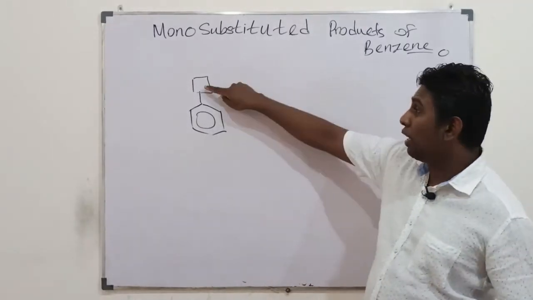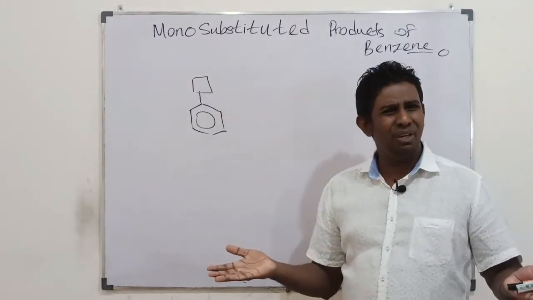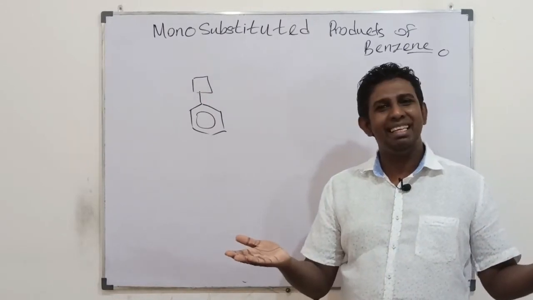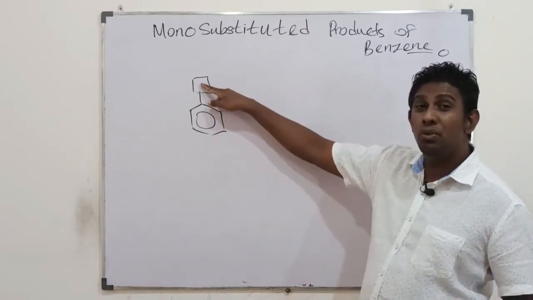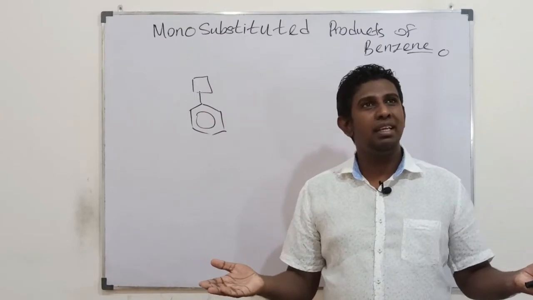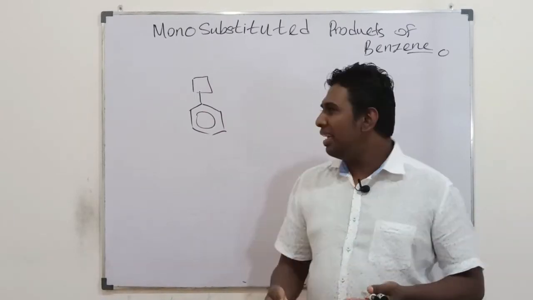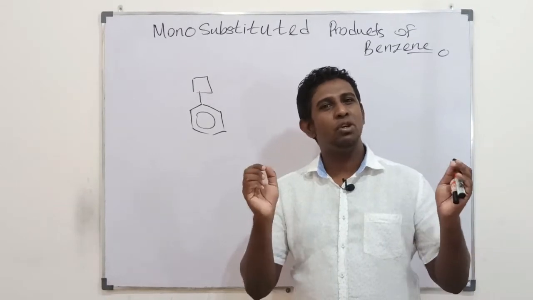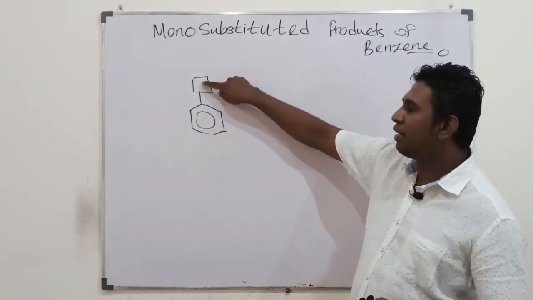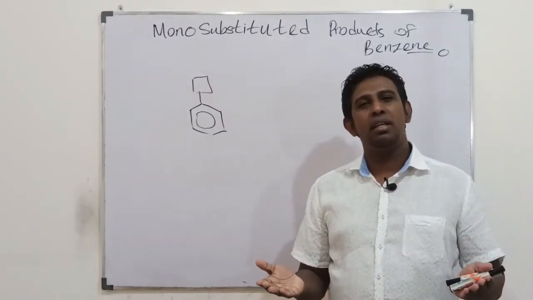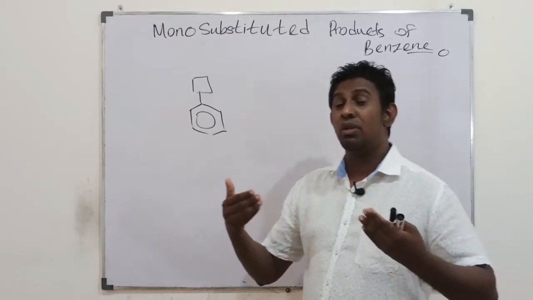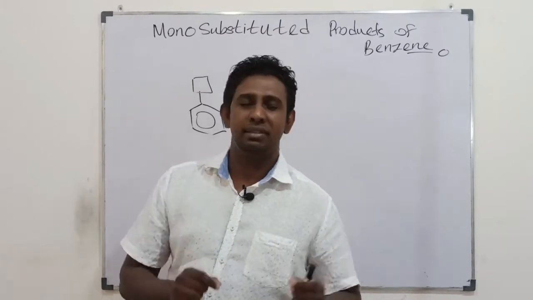When you have an OH group here, we call it phenol. When you have an NH2 group, we call it aniline. When you have a nitro NO2 group, we call it nitrobenzene. When you have an OCH3 group, we call it anisole. When you have a Cl group, we call it chlorobenzene. Those we have already talked about.